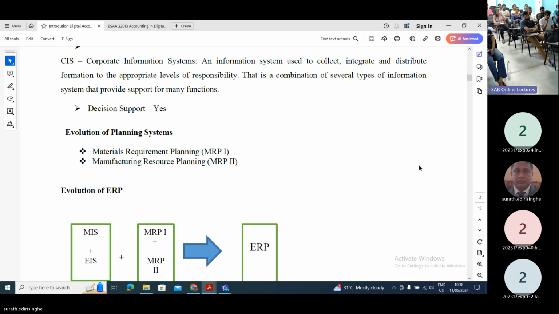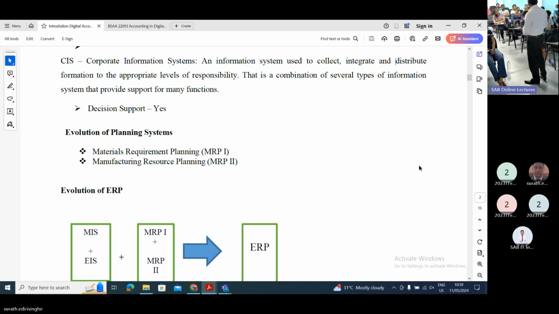Therefore, we call enterprise resource planning system a multi-module application. What's the word? Multi-module application. It includes everything from product planning and design until distribution of the product, and further includes functional requirements and functional activities.